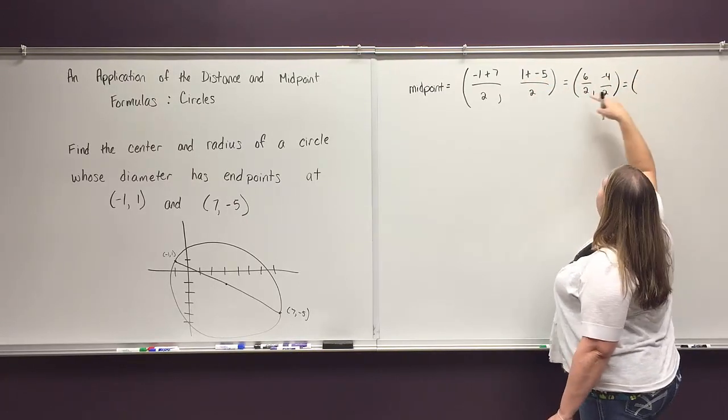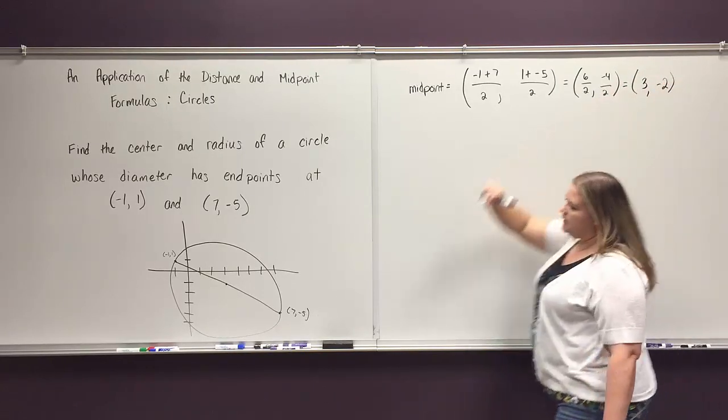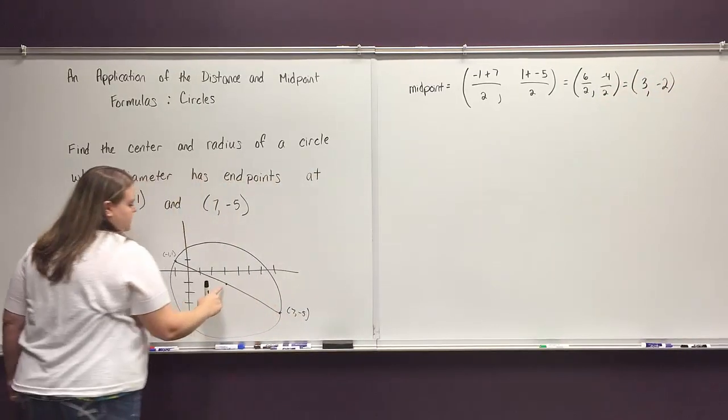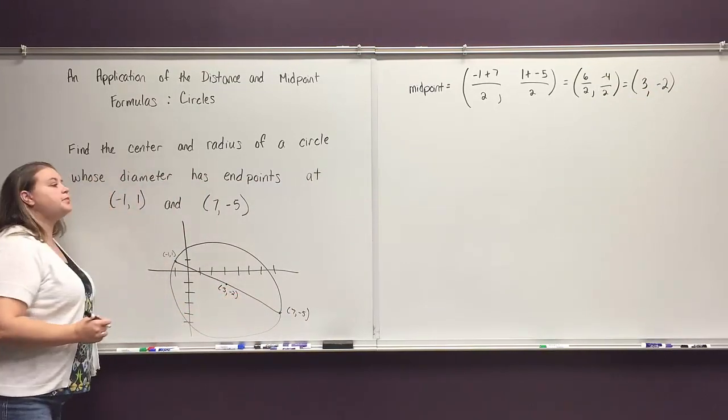And so we have a midpoint of 3, -2. So that tells us that the center of our circle is at the point 3, -2.